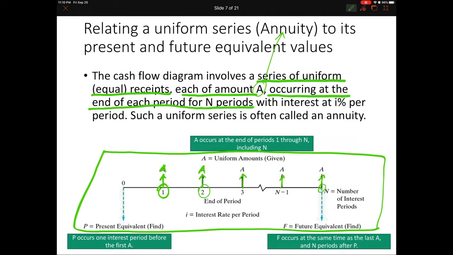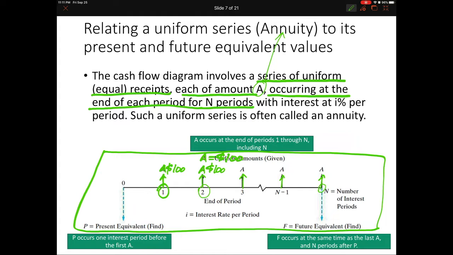Here we label it as A, but if you have a specific amount, you can label it here, maybe 100 every month. Or you can just write A equals 100, and everybody will understand that it's 100 every period, so that you don't have to write the 100 many times.